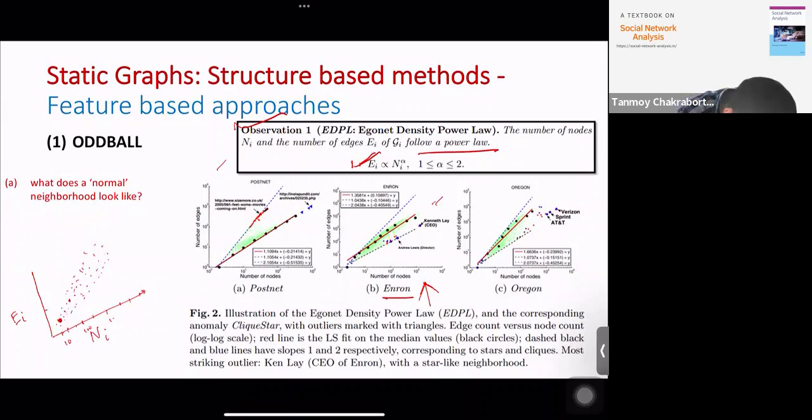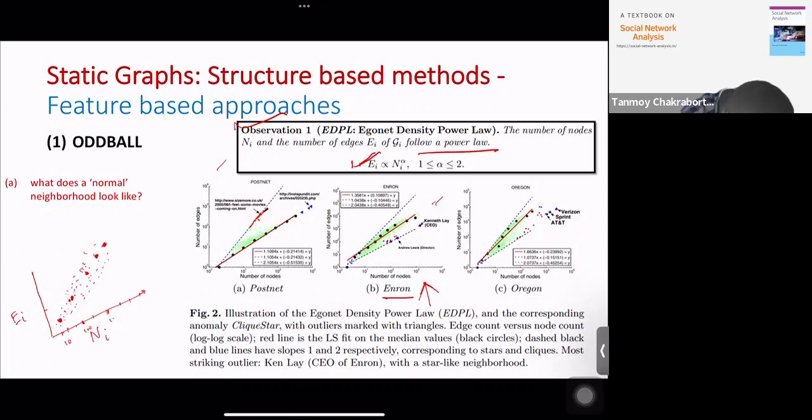Similarly, when Ni equals 100, you have many points and you take the median Ei. Similarly for Ni equals 1000, you take the median value. So you get the median values. You could have also taken the average, but they took median values. Median has certain advantages.